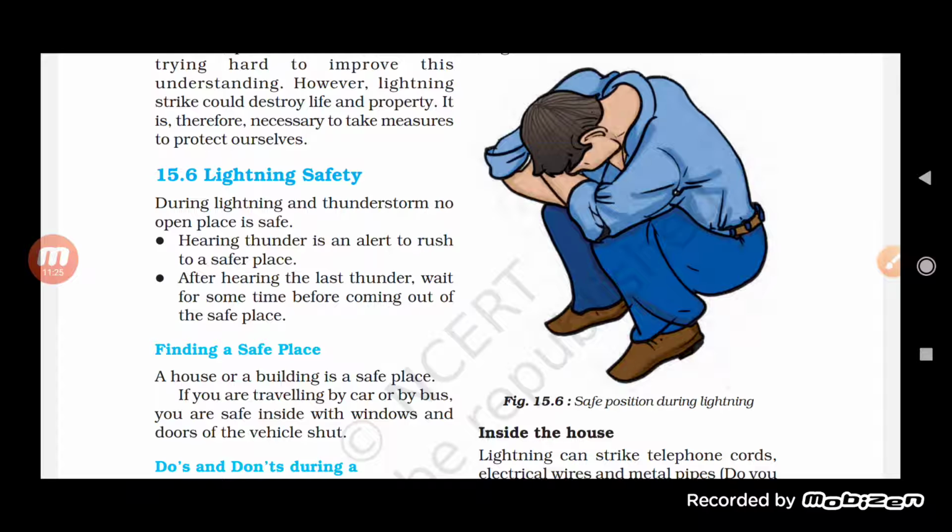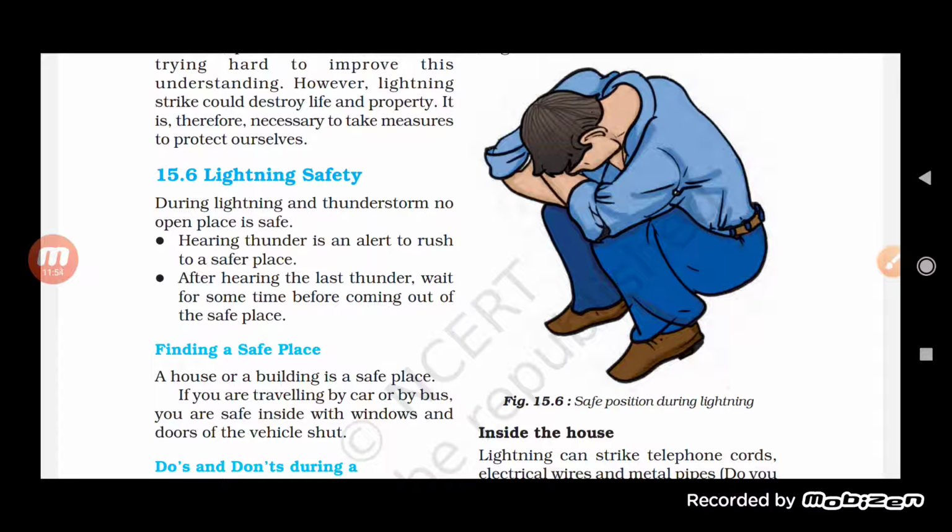Second is that whenever we hear thunder, it is a kind of an alert, and at that time we must rush to a safer place. So during lightning or thunder, we must be very alert to rush to a safer place.